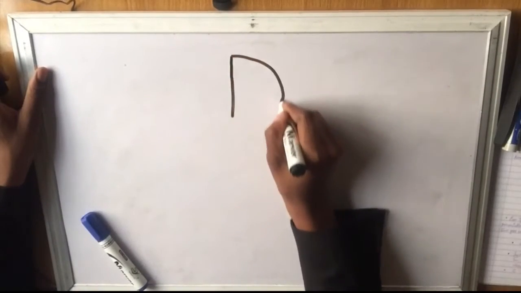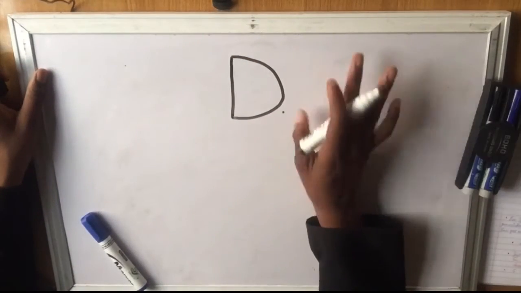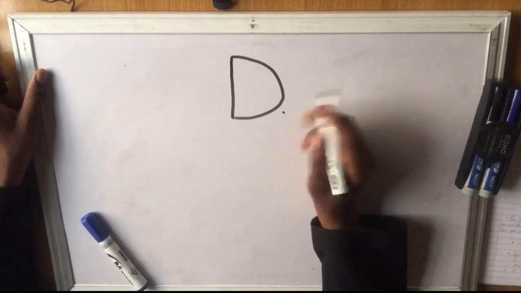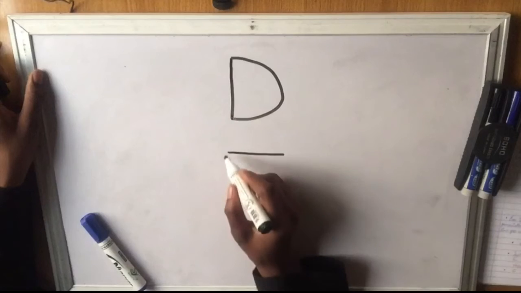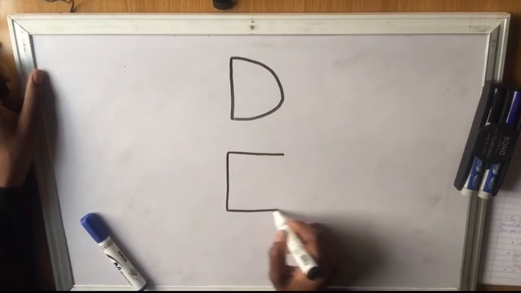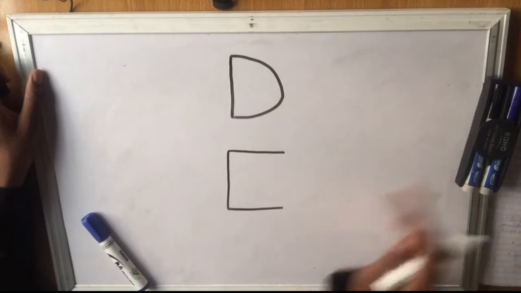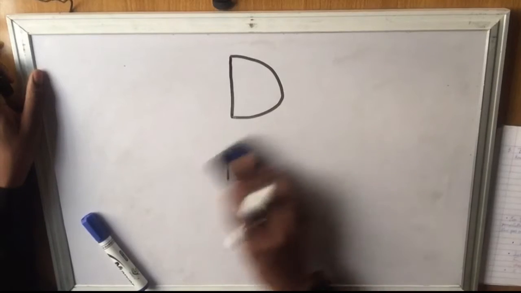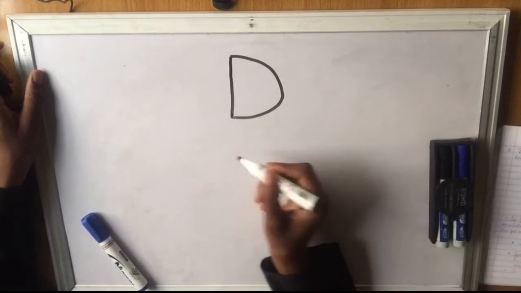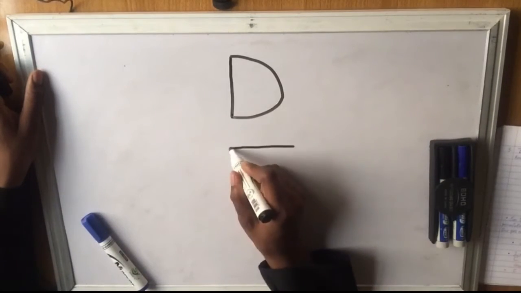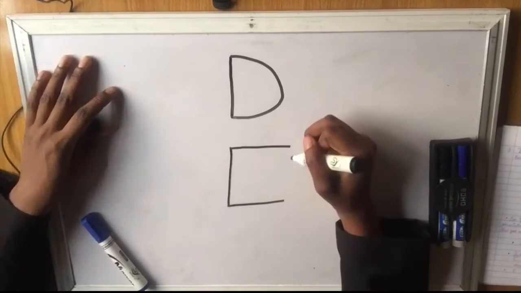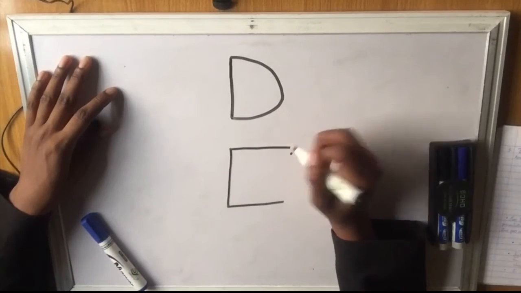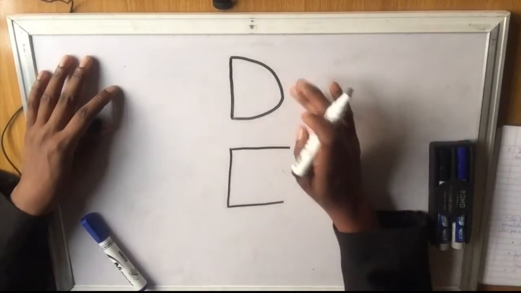D. The closest Korean sound to D in Korean is written as ㄷ. Let me do that again. This sound in Korean language is not completely a D sound.